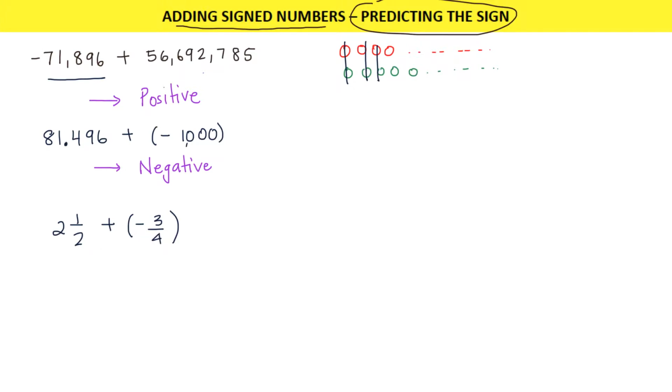So if you were to draw red and green dots, there would be some green dots, and some red dots. But the red dots are not even a whole, you can't even draw a whole red dot. So this will get wiped out by the green dots and you will have a positive number left over.